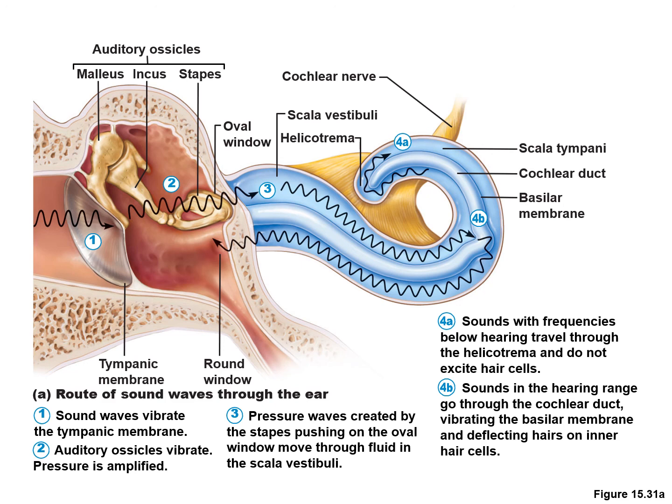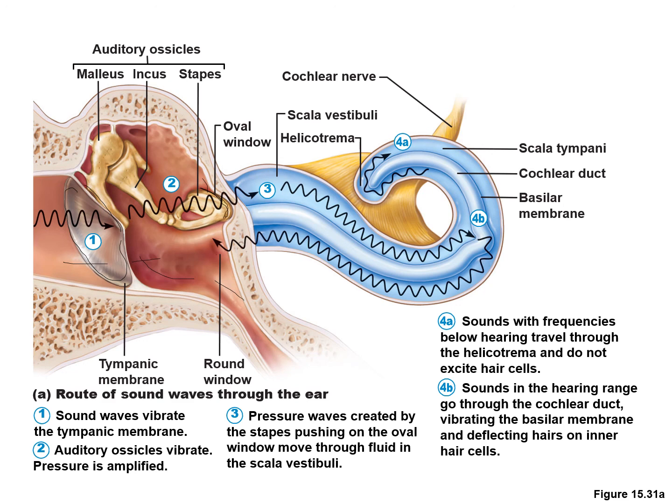Okay, so just as an overview, this is a nice simplified diagram that goes through these major stages of hearing. This is tracing the route of sound waves through the ear. So we have sound waves that vibrate the tympanic membrane. Again, the tympanic membrane is this drum-like membrane that separates the external ear from the middle ear. The middle ear is going to be this region that contains the beginning of the eustachian tube up until this bony wall with the oval window, which the stapes is abutting, as well as the round window.